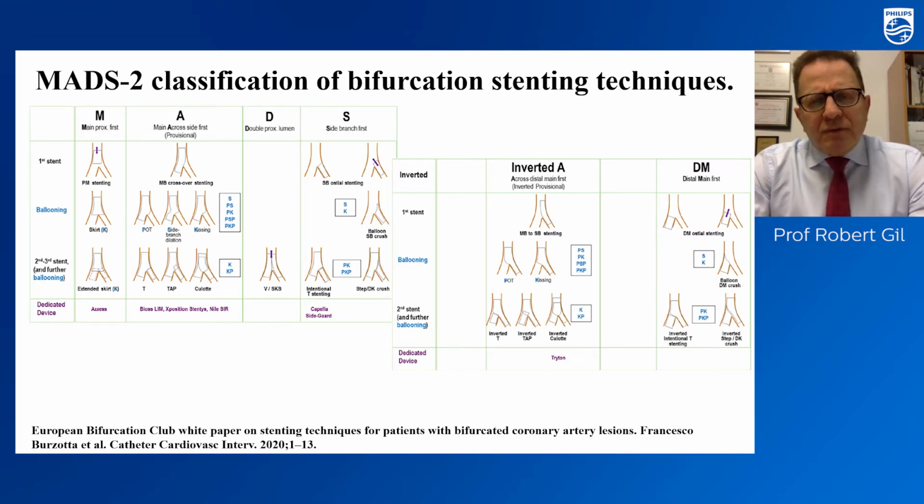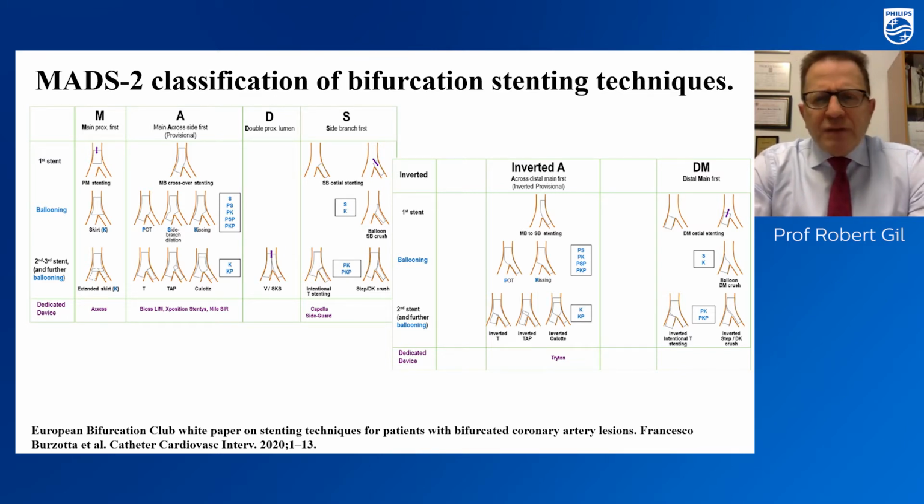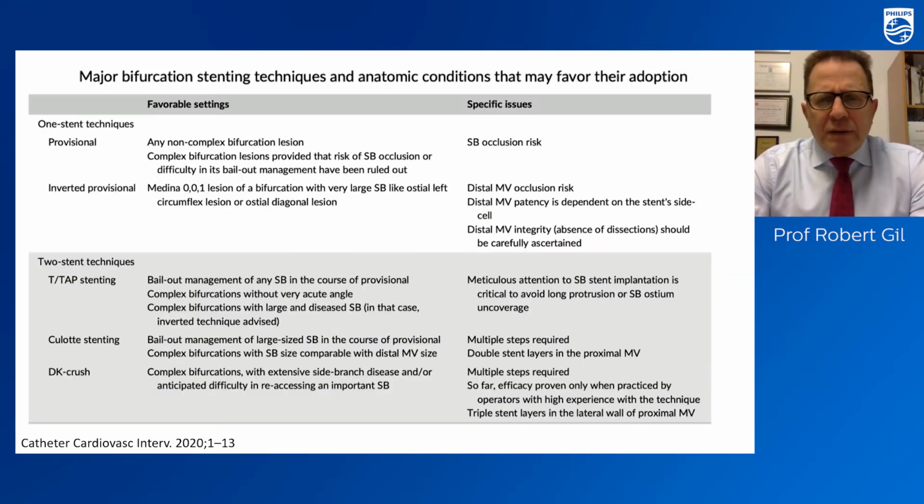Another important issue associated with this MADS2 classification is the fact that inverted techniques, inverted provisional T-stenting, inverted culotte or DK crush, are also proposed in special anatomical situations. Here you can appreciate the issues which are very important regarding one stent or two stents techniques. There is no time to discuss them in detail.